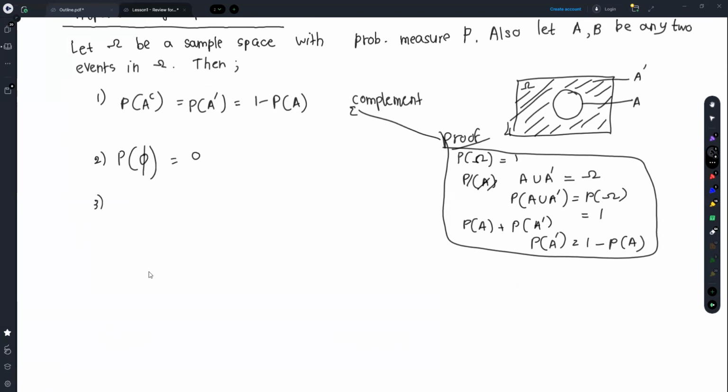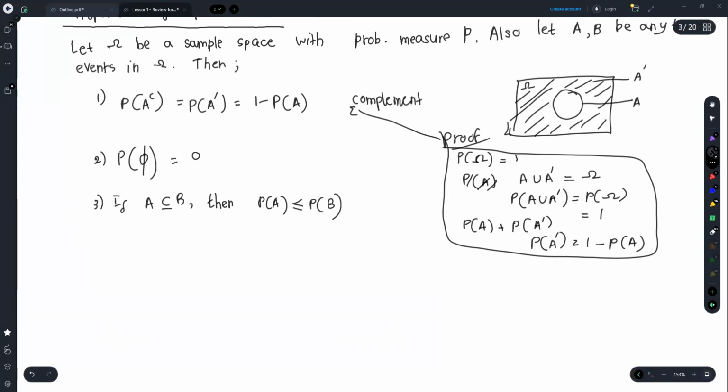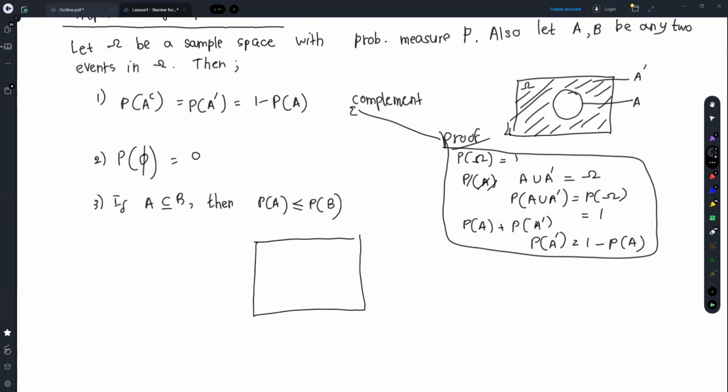And the next thing, if A is a subset of B, then probability of A is less than or equal to probability of B, right? So how do you draw that? A is a subset of B, so B will be the bigger one, and A is inside it, right?